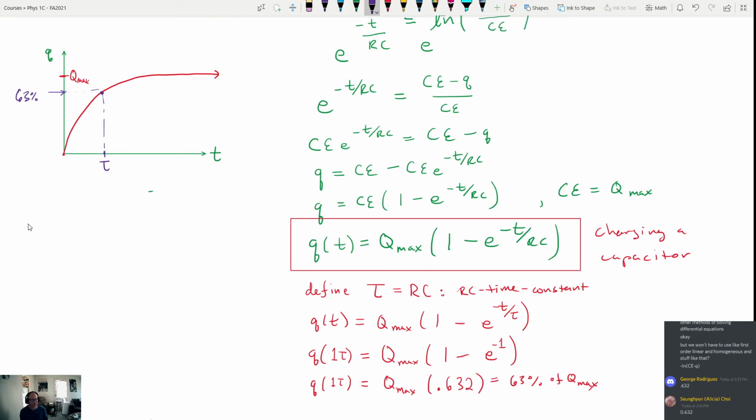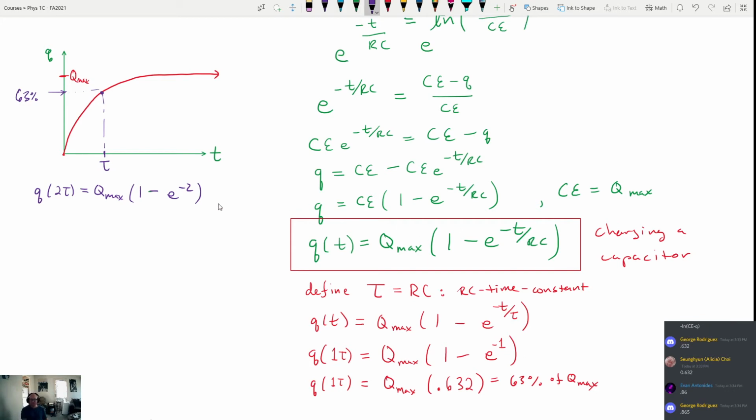What do you get for 2 tau? If you do Q of 2 tau, that's going to be Q max times 1 minus e to the negative 2. This is 86%.